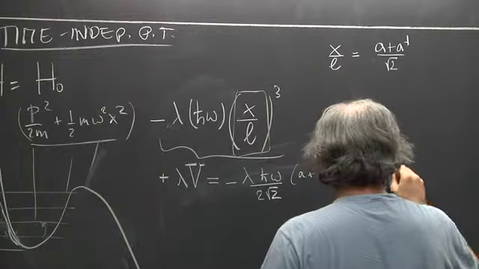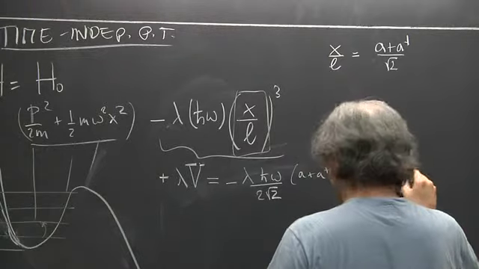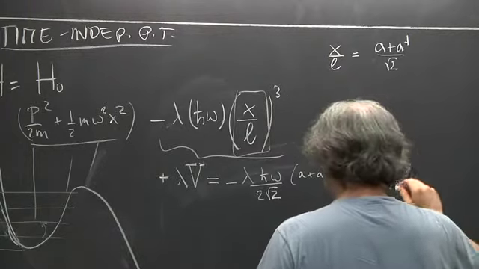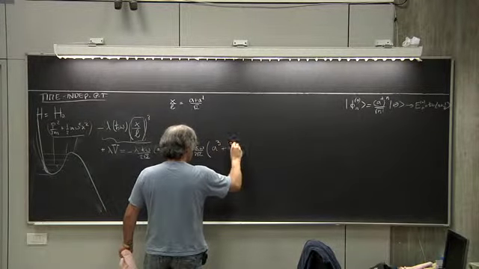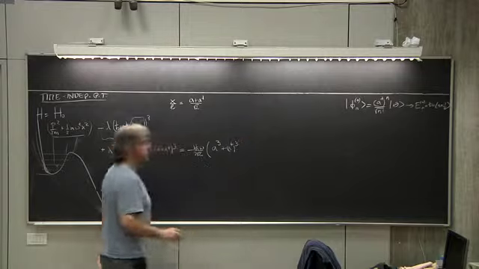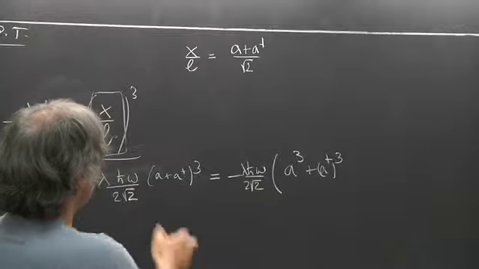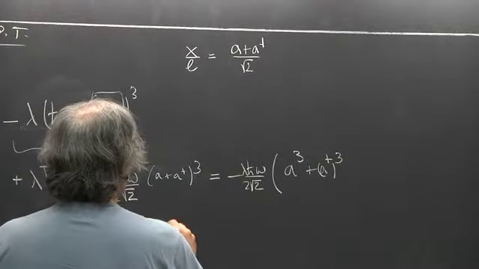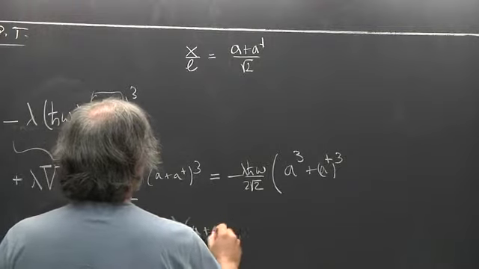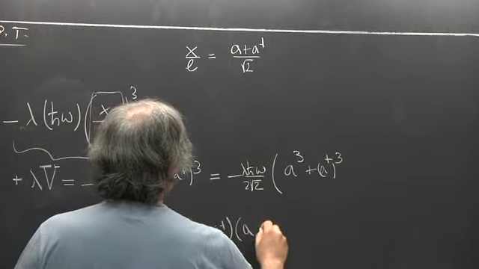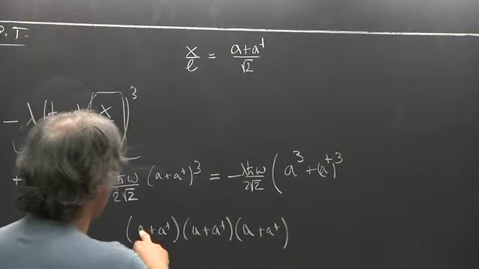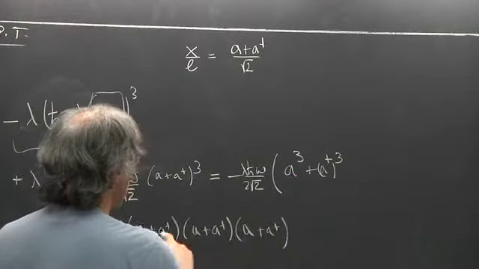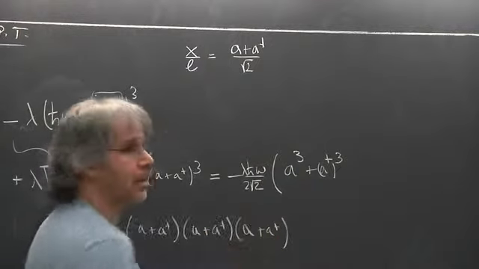Let me first write it, then we comment on how to get it, really. The result is the following. A cube plus A dagger cubed, and this is very reasonable, right? I mean, the best thing is to just directly see all the terms by just calculating the product. So A gives you A cube, A dagger gives you A dagger cube.